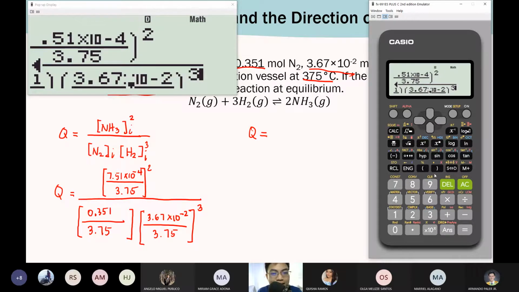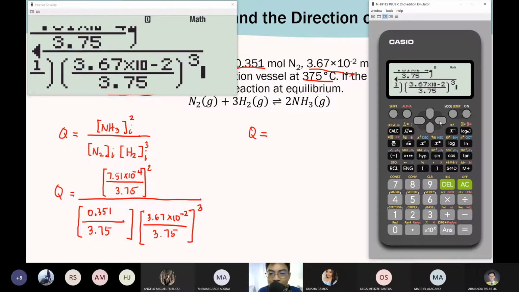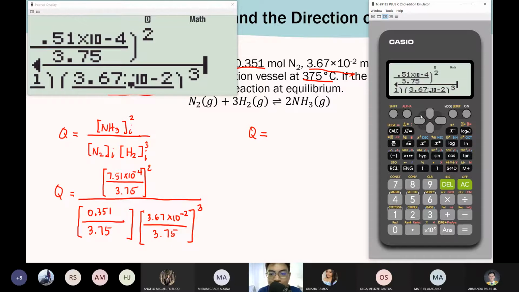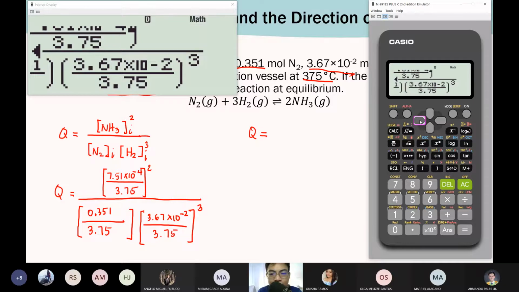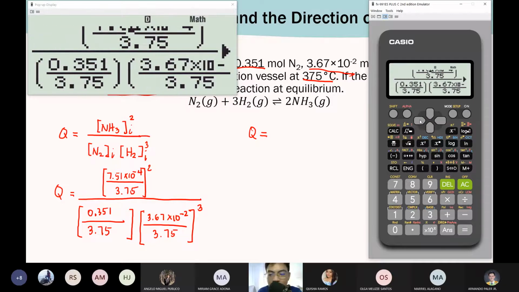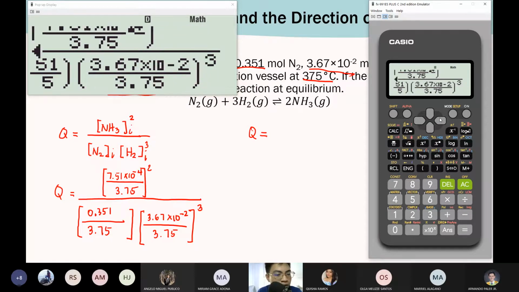Okay. So, yan. So, ito again, this is the numerator. Laki-laki ng equation na to. So, in the numerator, you have your 7.51 times 10 raised to negative 4 divided by 3.75 squared. And then in the denominator, you have 0.351 divided by 3.75 times 3.67 times 10 raised to negative 2 divided by 3.75, then cube, no?